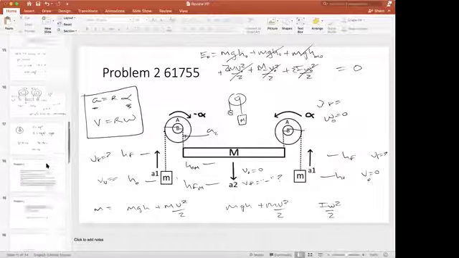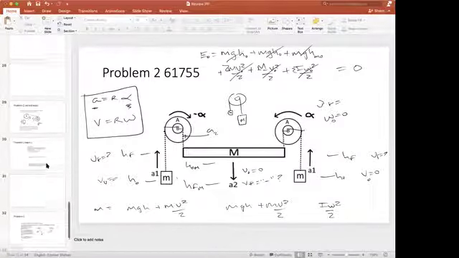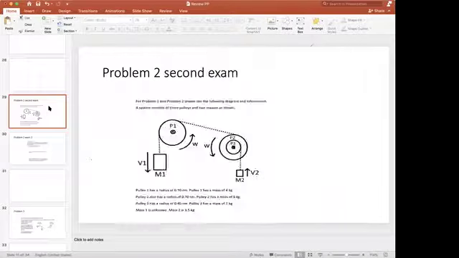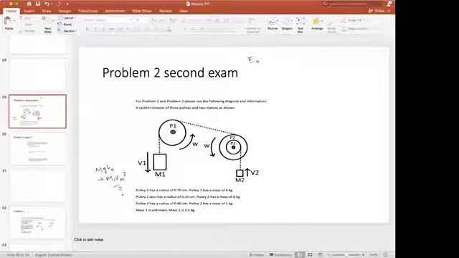If you look at the other problem, I don't know where it is, here. Let's look at this really fast. We see that this one's going to rise and this one's going to fall. If we do the energy here, the initial energy, if it starts at rest, this guy has m1 g h1 initial plus m1 v1 initial squared over 2.